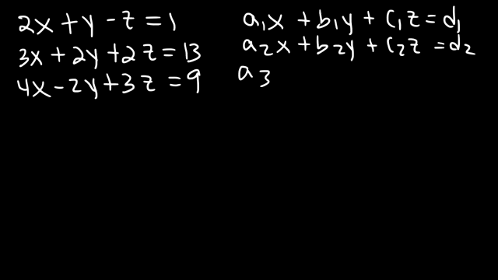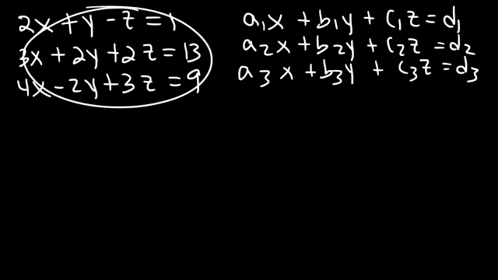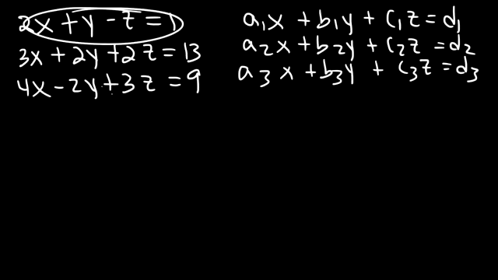And then a3x plus b3y plus c3z is equal to d3. So the letters A, B, C, and D represent the coefficients in this equation. And the subscripts 1, 2, 3 tell us the row that we're dealing with. So subscript 1 is for the first row. Subscript 3 is for the third row.